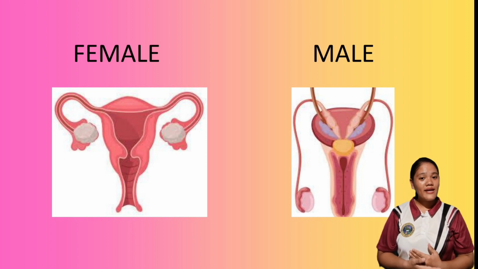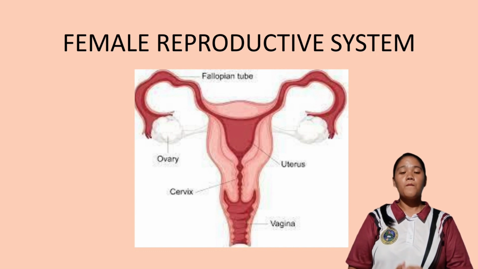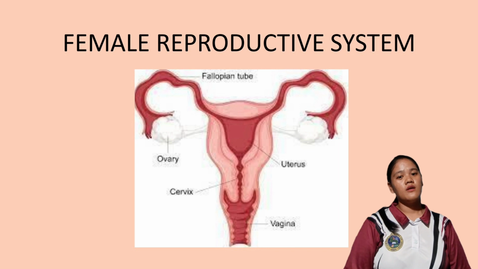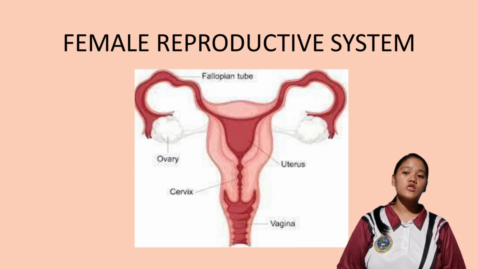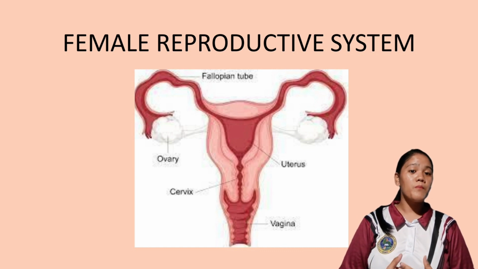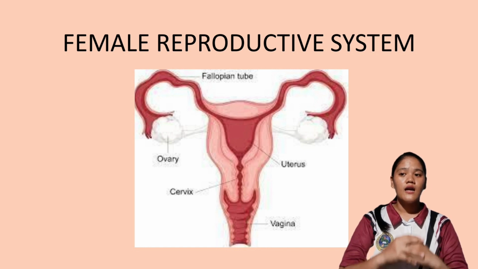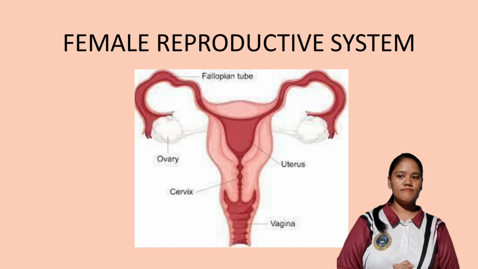So, we have 2 reproductive system, the female and male. So there are 6 female parts in the reproductive system. First is the ovaries, egg cell, also known as ovum, vagina or birth canal, cervix, uterus, and fallopian tube.